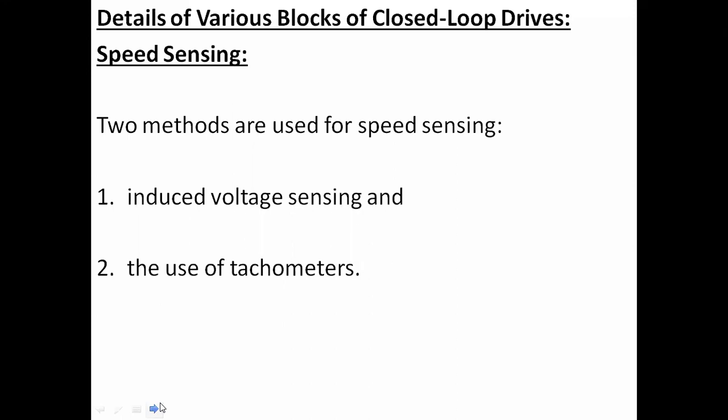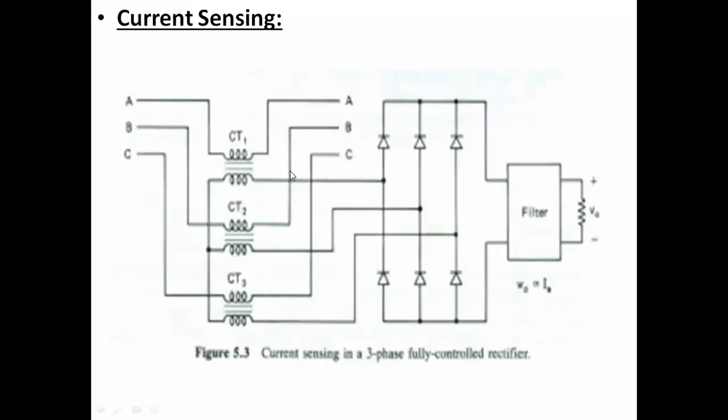Next one is current sensing. This is current sensing in a three-phase fully controlled rectifier. If you want to avoid any interactions between the control circuit carrying low voltage and current and the power circuit, which involves high voltage and high currents and substantial amounts of harmonics, isolation will be provided between the two circuits, right?